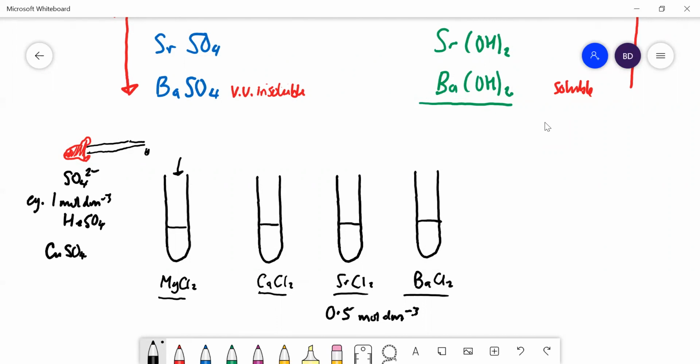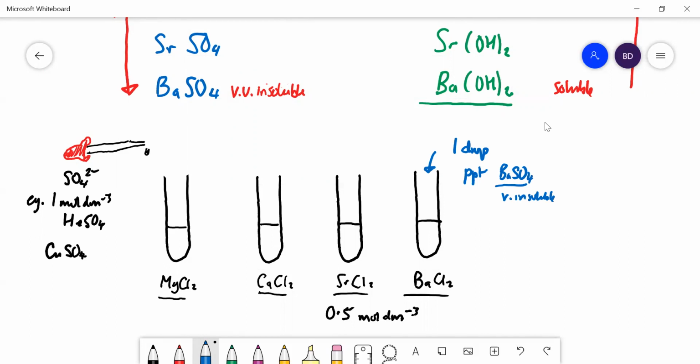Now let's think about the barium first of all. You add 1 drop into the barium chloride, and you will immediately get a white precipitate. The precipitate would be barium sulfate. You're going to precipitate even with 1 drop, because barium sulfate is very insoluble.